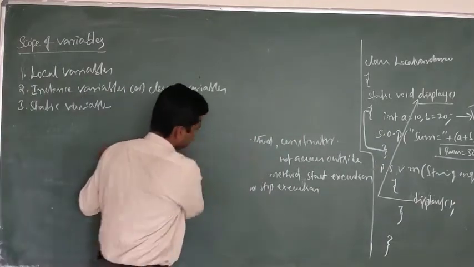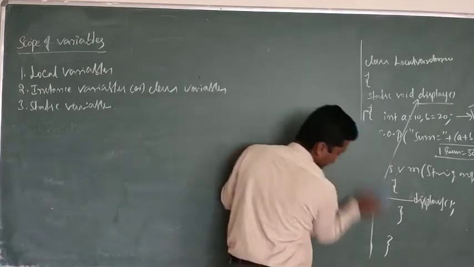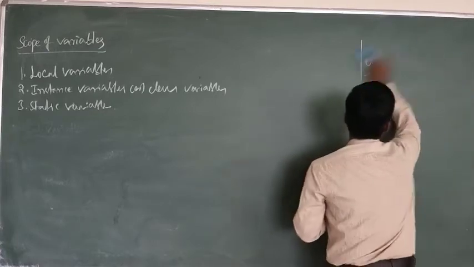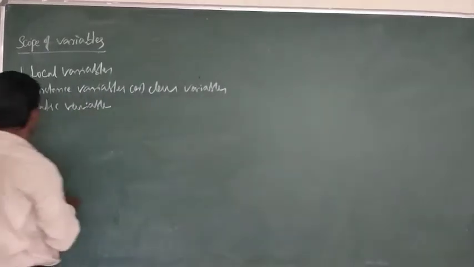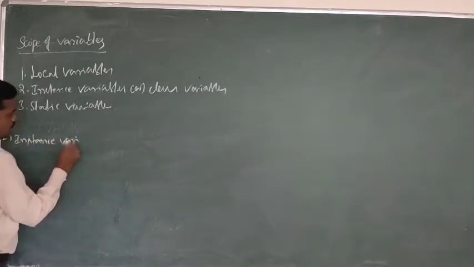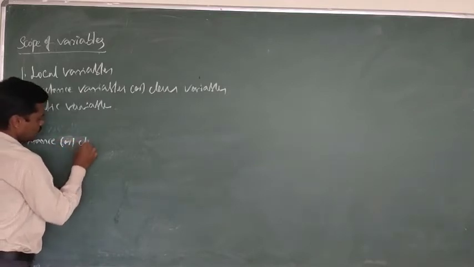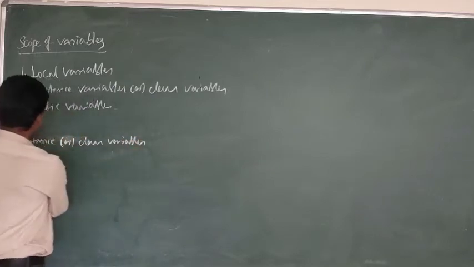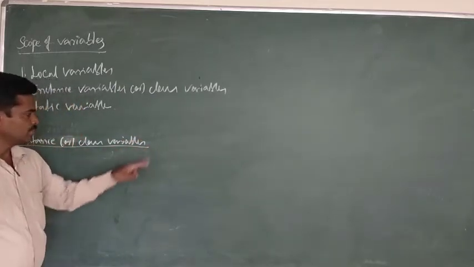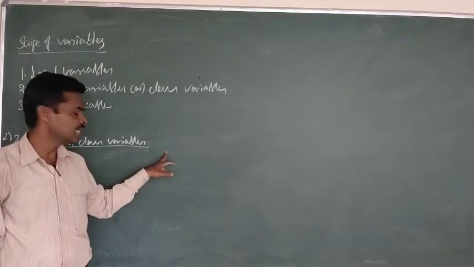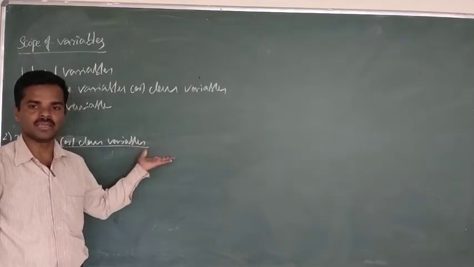Next we will see the second one, instance variables, or class variables. Instance or class variables are declared inside the class but outside the method.